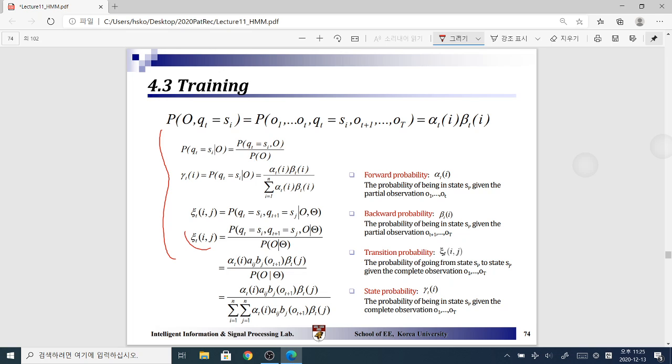For instance, this psi sub t of ij would be the ratio between the probability of the state changing from i to j, jointly with the observation sequence, divided by the probability of the observation sequence, where the numerator, once again, would be equal to alpha sub t of i times beta sub t plus 1 of j, and then the edges, which would be A sub ij times B sub j of the observation at t plus 1.